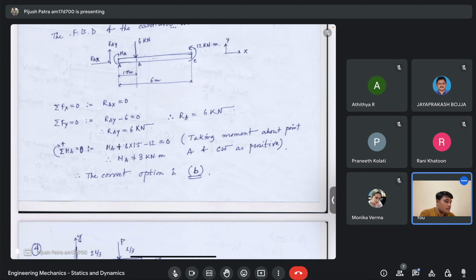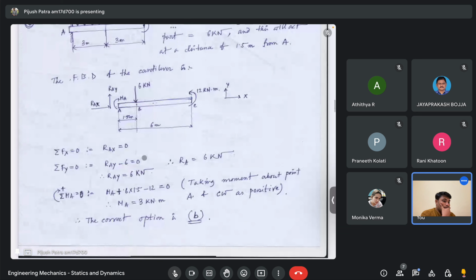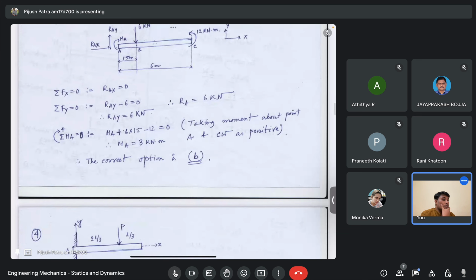If you do this, the moment will come as 3 kilonewton meter, and the net force is 6 kilonewton, because RAX equals 0 and RAY equals 6. Is that fine to everyone?